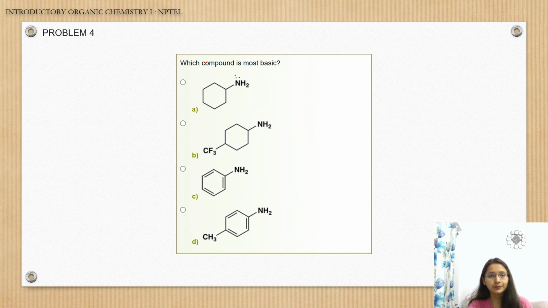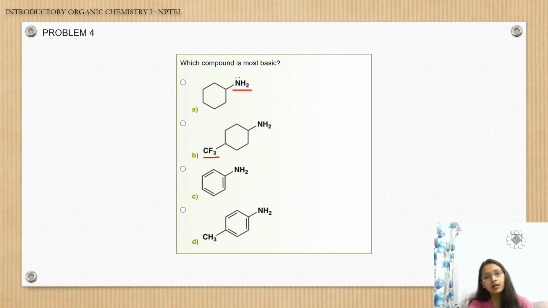So coming one by one to all the four options. If you come to option number A, what happens here? The lone pair of nitrogen is readily available for the electrophile. Why? Because it is not present in any conjugation. So it is readily available on the nitrogen atom. When you come to option number B, what happens? The CF3 group is connected at the fourth position.